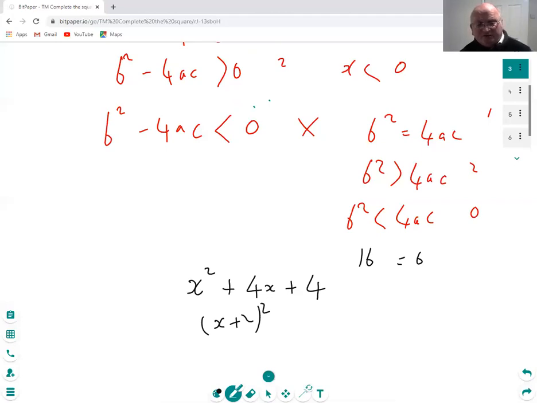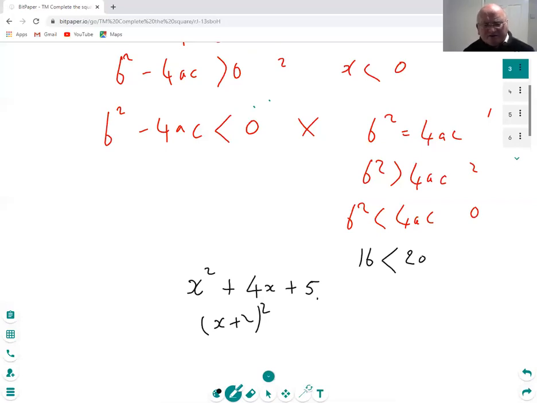There's only one solution. If you were to make this number 5, then the 4ac bit becomes 20. And 20 is greater than 16, so 16 is less than 20.